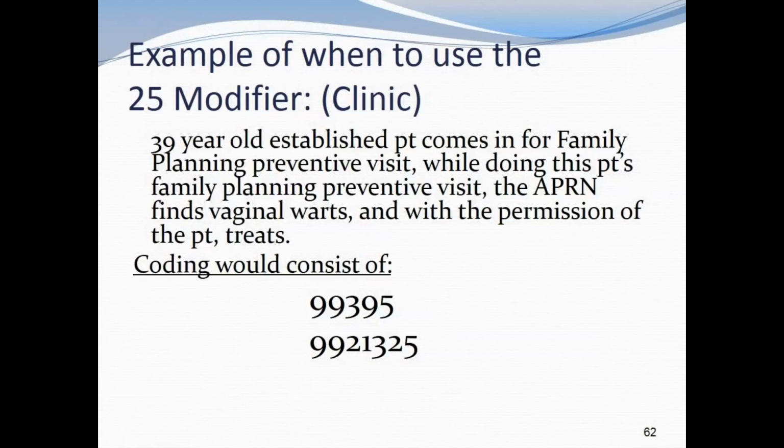So if that's the case, you're going to code that preventive, which is the 99395, along with the problem visit, which she has a problem because she has warts. So you're going to definitely code an expanded, which is a 99213, and then you're adding that 25 on there so that both those visits get paid.